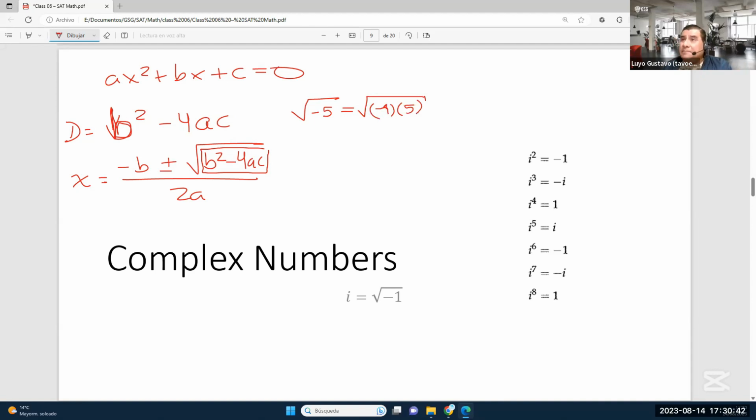So it simply says the square root of -1 multiplied by the square root of 5, which actually exists, right?